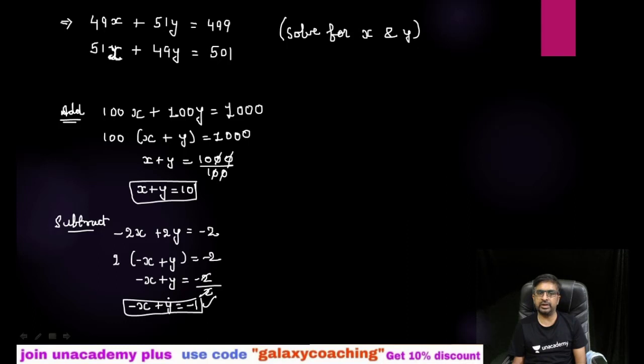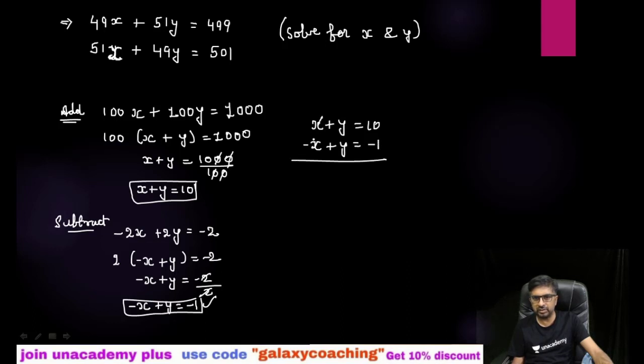Now you can do elimination, substitution, whatever you like, but see how easily we added and subtracted and reduced this equation. So now x plus y equals 10 and minus x plus y equals minus 1. By adding, x will get cancelled and you will get 2y equals 9, so y will be 9 by 2.